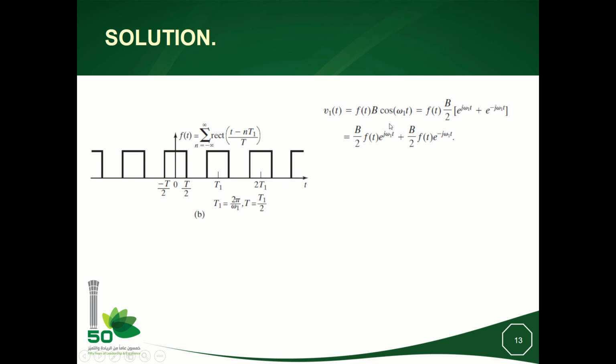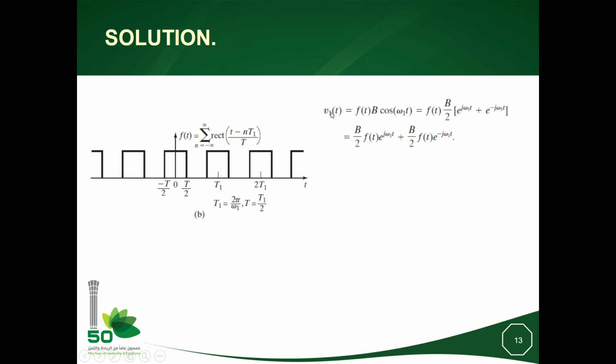So it will be f(t) times V cos(omega1 t), where omega1 is 2 pi divided by the period T1. So I will split the cos function, cos(omega1 t), into two complex exponentials: exponential j omega1 t plus exponential minus j omega1 t, divided by 2.